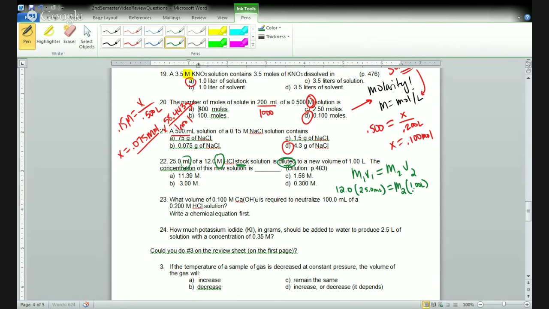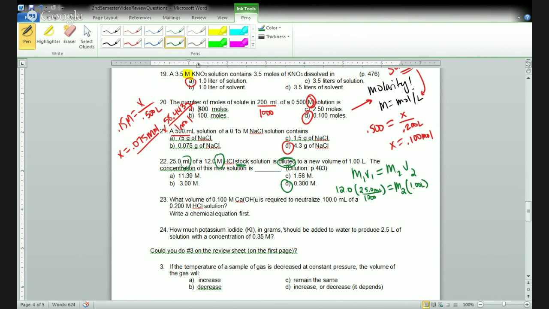Because I'm in liters in one and milliliters in the other, I have to convert one of them into the right unit. So in this case, I'm just going to divide this by 1,000 to get me to a liter. So for my problem, I would do 12 times 0.025, and I would divide by 1 liter, and I would get 0.3. So that means my new concentration is 0.300 molar.